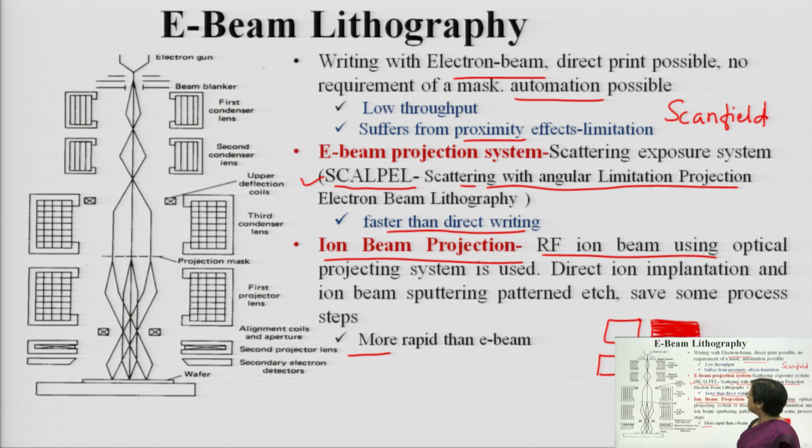There is another figure I am showing you. Here also you have a beam blanker; I told you the beam has to be blanked. So, there is a system which is blanking the beam. When the beam is to be focused, it will be turned on, otherwise it will be off.